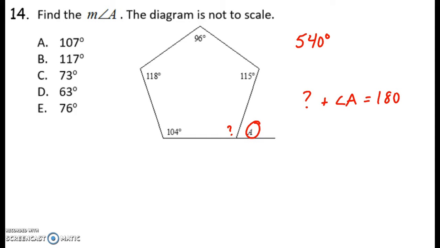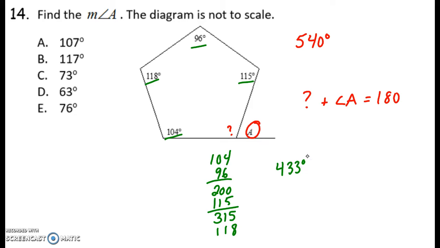When I add up all of the angles in the pentagon, I have 104 plus 96. 104 and 96 makes a total of 200 degrees. Add in this 115, that gets me to a total of 315 degrees. And then finally add in 118 for a total of 433 degrees.